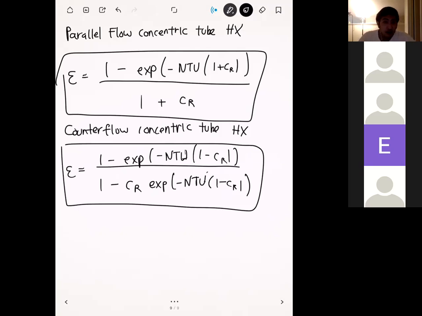Keep in mind that this only works for a concentric tube heat exchanger. There are other expressions for other types of heat exchangers, and I think some of them are in the book. You can look for other expressions in tables 11.3 and 11.4.